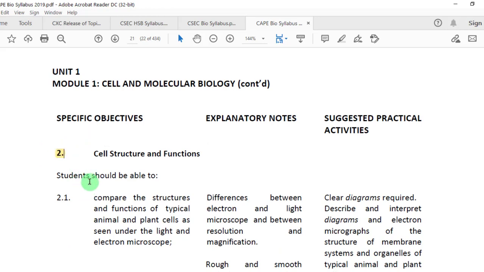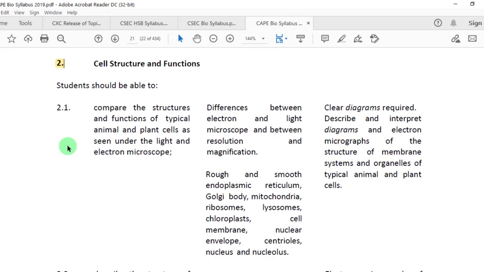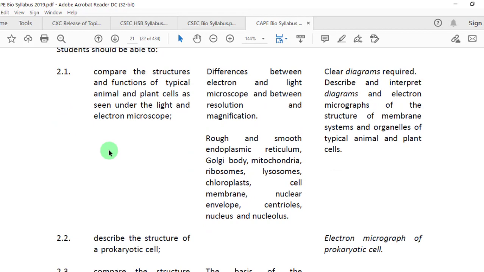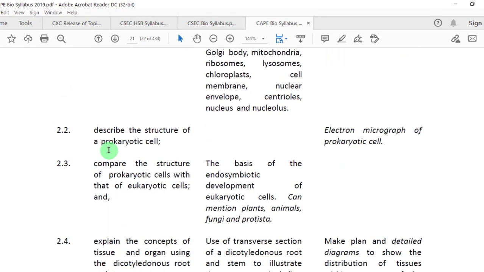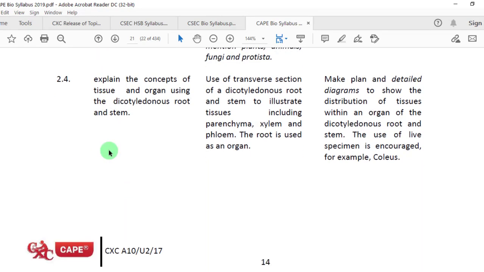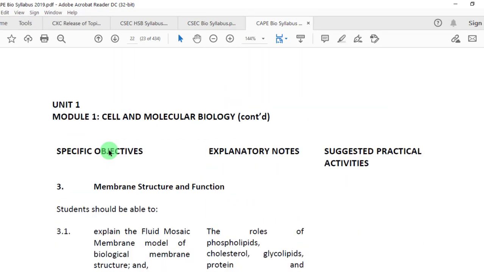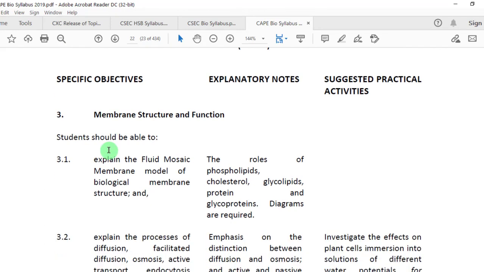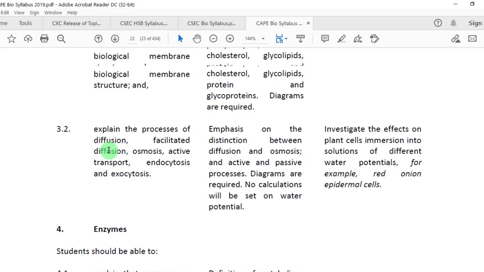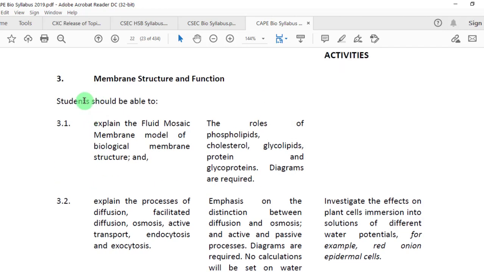Part 2, which is cell structure and function. That's the second topic, word for word. So anything with objective 2 point whatever, you're studying that. So you're looking at your animal and plant cells, your light versus electron microscope, prokaryotic cells, roots, etc. Now, even though they didn't say membrane structure and function, my suggestion is to still study objective 3.1.